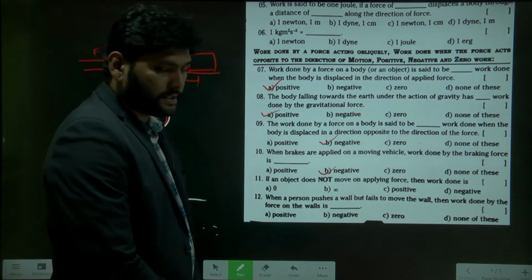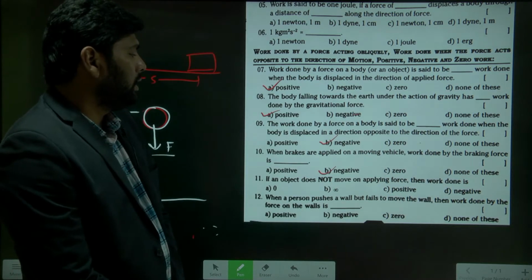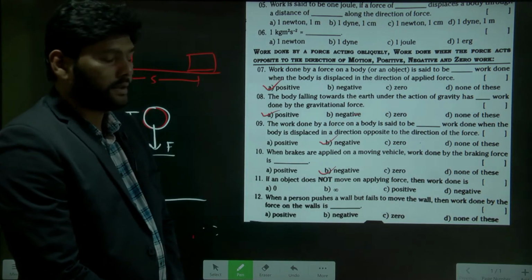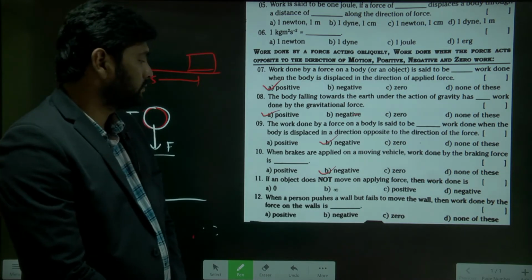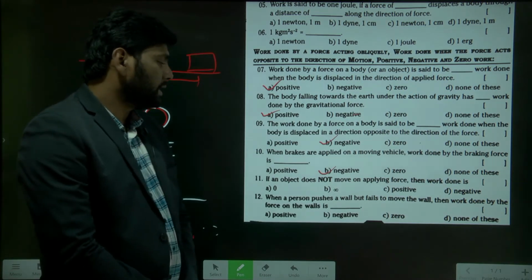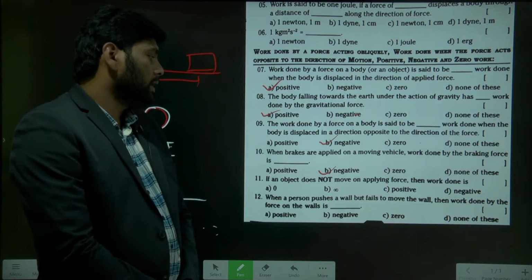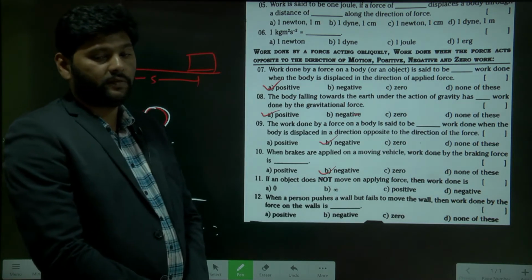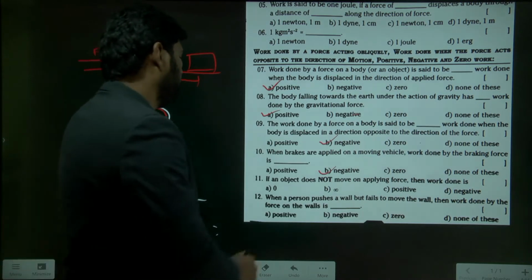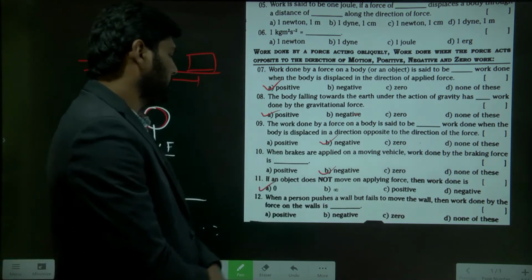If an object does not move on applying a force, then the work done is what kind of work done? Zero. Very good. Zero work done. Your right answer.